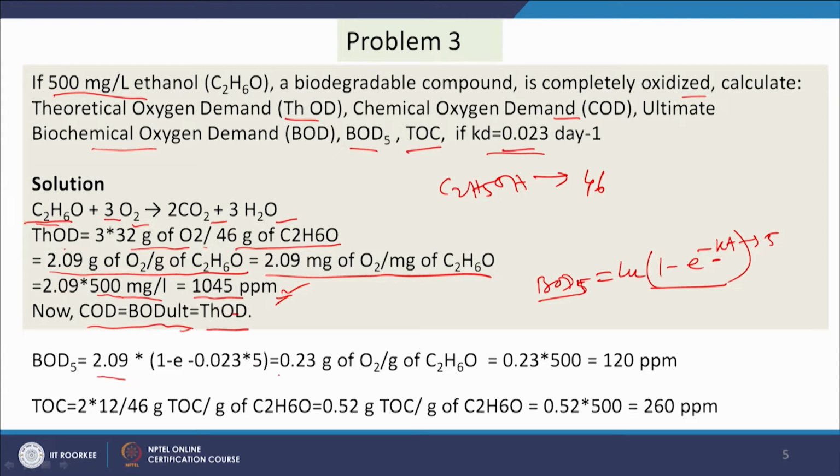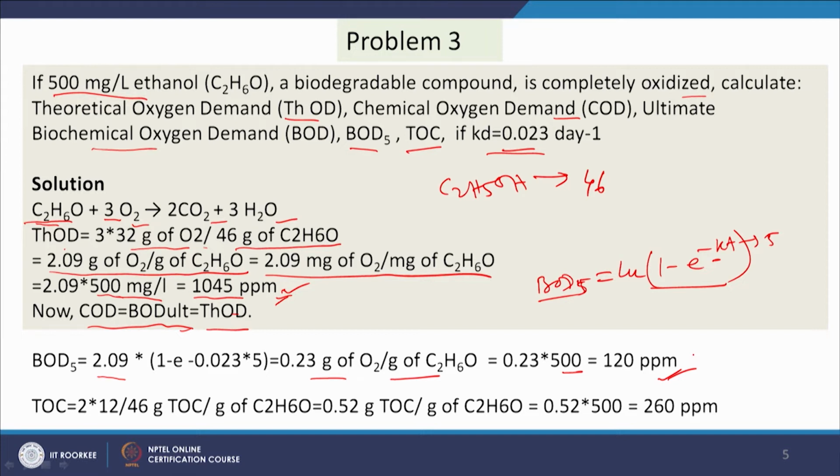So, we get 0.23 gram of oxygen per gram of C2H5OH. Then 0.23 into 500 will be our ppm, and in a similar way we get the value of BOD 5 in ppm.